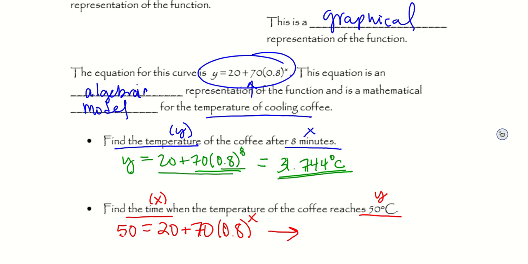Well, what does it take to get x by itself when it's in an exponent? Well, hopefully, right, you're saying it would require logarithms, which is true, right? But you're probably also groaning about having to use logarithms. And I want to tell you, for right now, no worries. We will come back midway through the year and review logarithms, and you will become quite adept at being able to do that. For right now, we won't solve this algebraically, but we can go back to our graph and we can get an estimate from our graphical model.